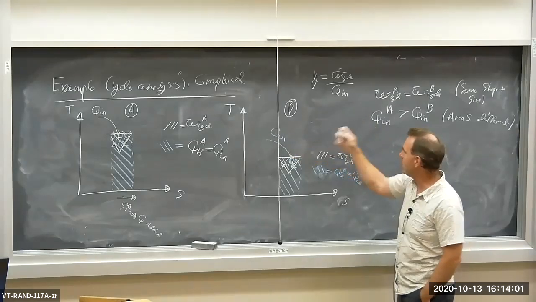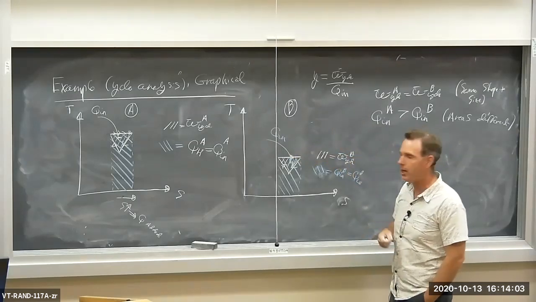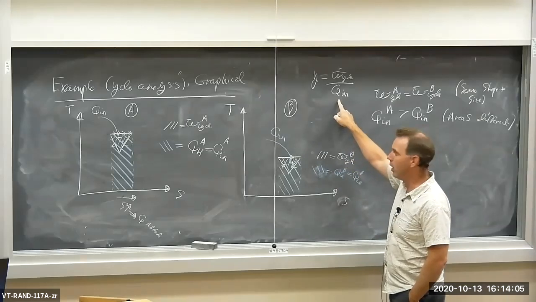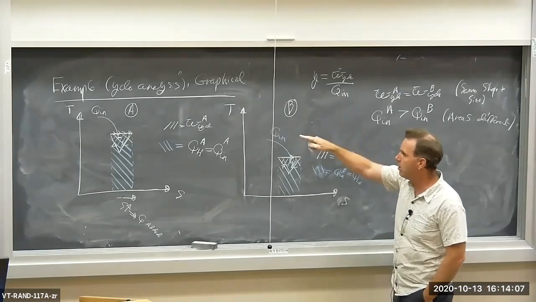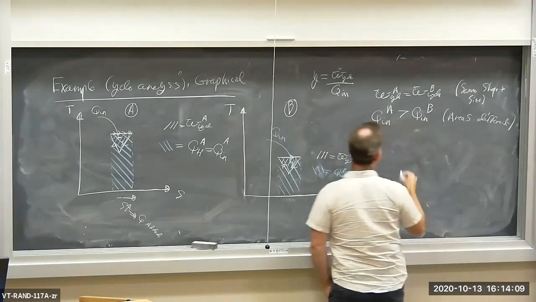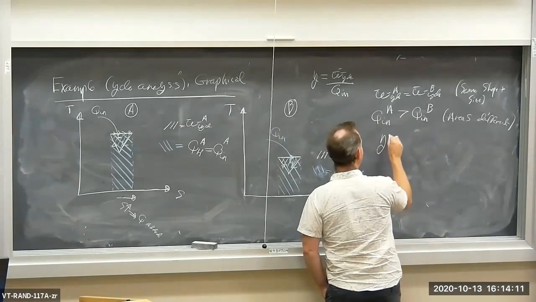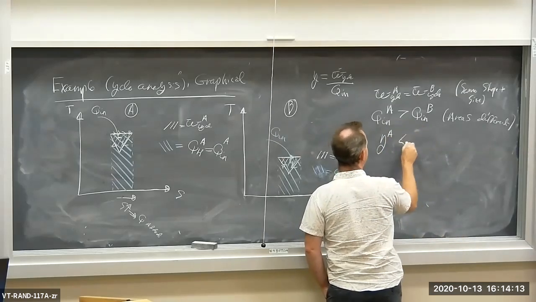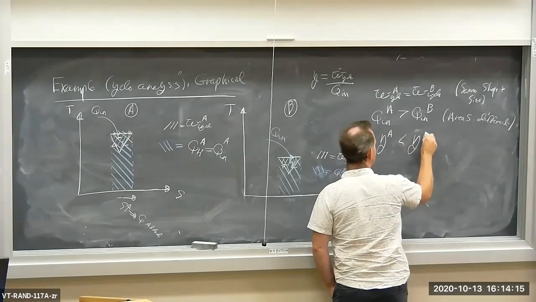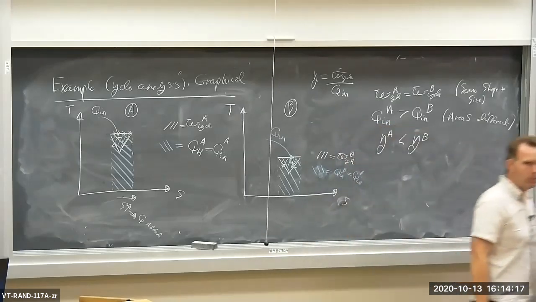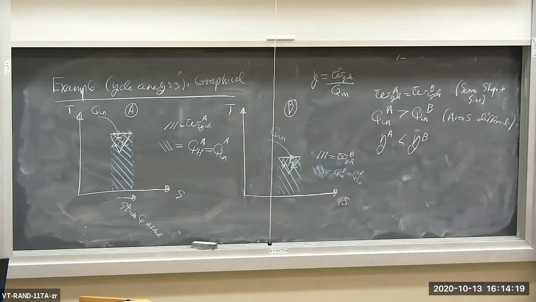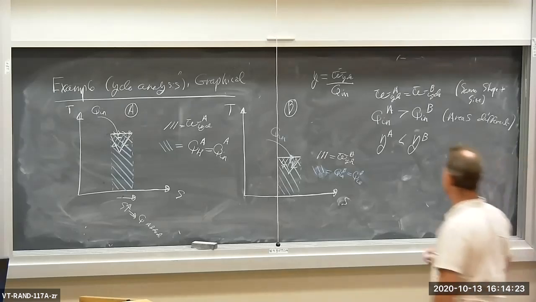Cycle A has a greater heat transfer than cycle B. So the denominator is larger for cycle A than cycle B. So that means the efficiency of cycle A is less than the efficiency of cycle B. And that's because the heat transfer is greater into the system for cycle A than cycle B, okay?